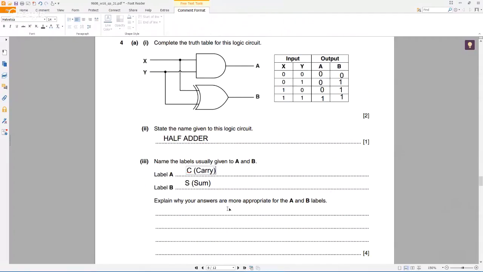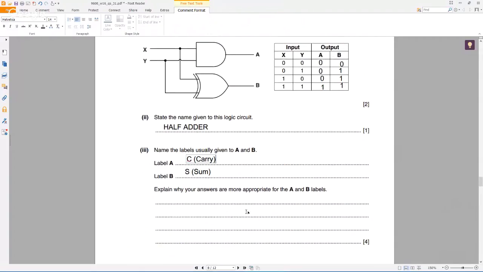All right. And explain why your answers are more appropriate for the A and B labels. That's quite obvious. It's always good to use names that are closer to what the outputs or inputs really are. I don't usually like to use A and B for variables. It's always better to use real names.